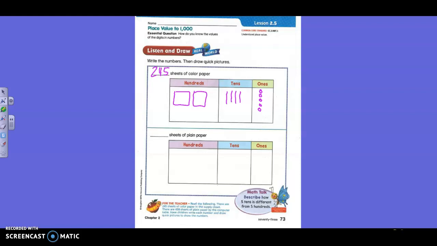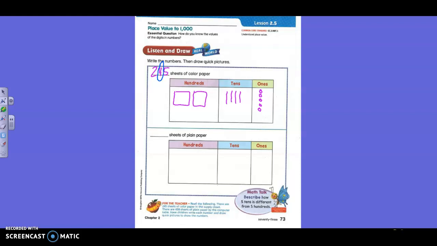245. What does the 4 mean in 245? Tens. Yeah, it's in the what place? Tens. And so that means there's 4 tens, which is 40.